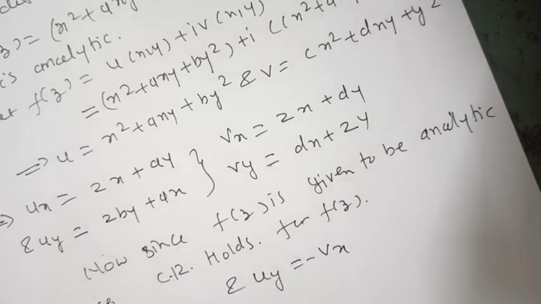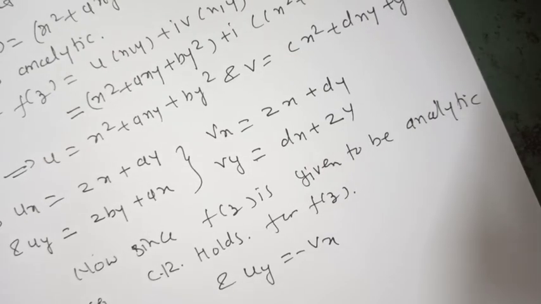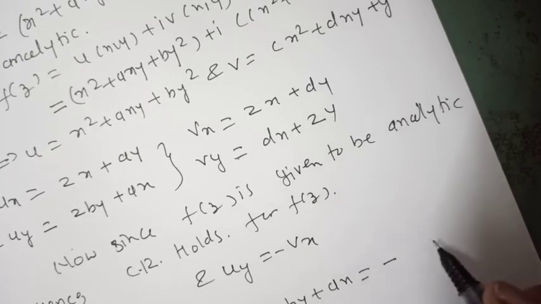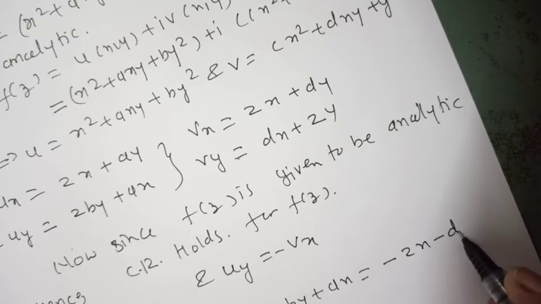Now here, putting the values of ux, uy, vx, vy, we get ux is twice x plus ay, vy is dx plus twice y, and uy, twice by plus ax, equals minus of vx, which is minus 2x minus dy.